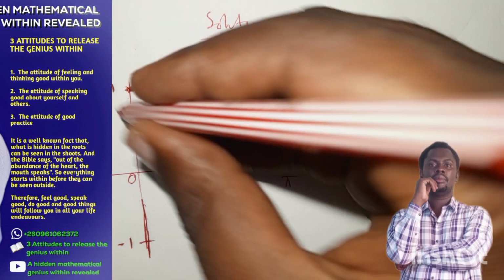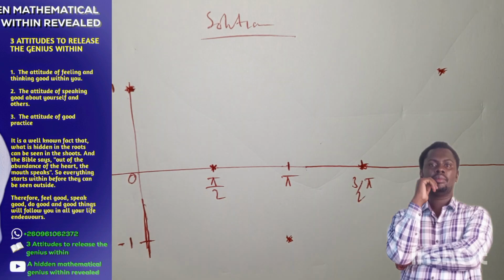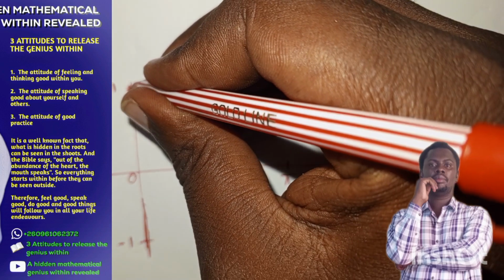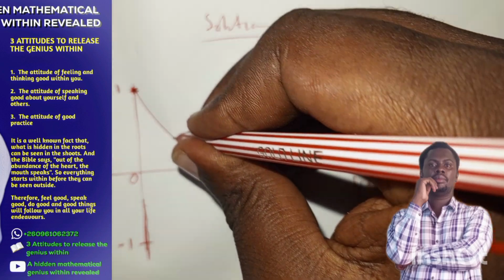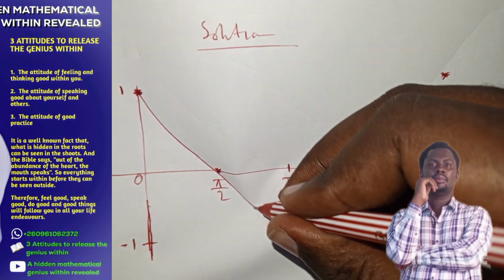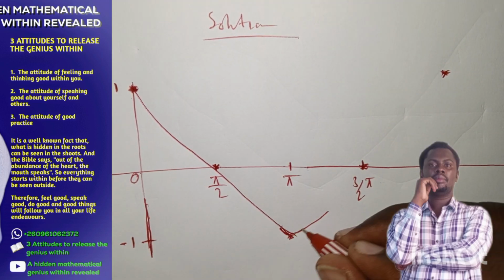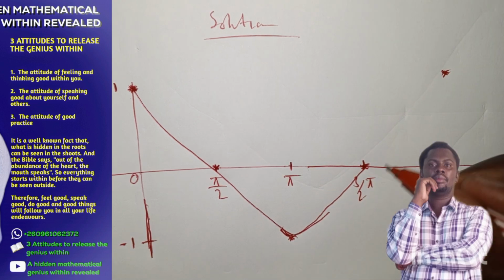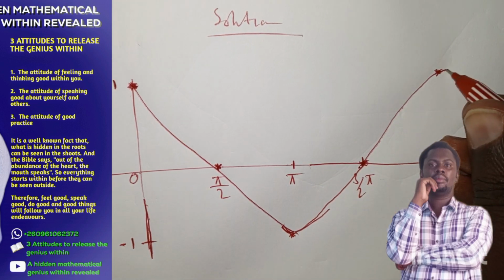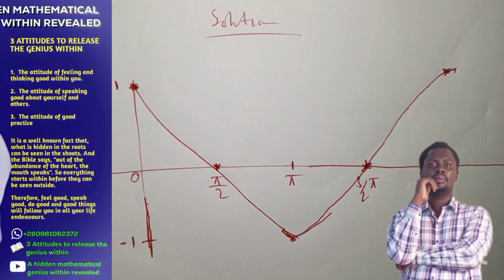So our sketch for cos x will look like this. It's just a sketch.